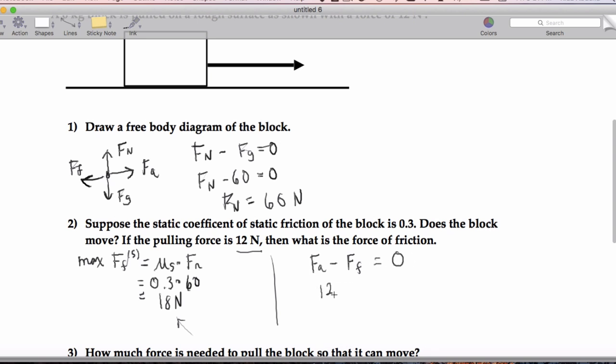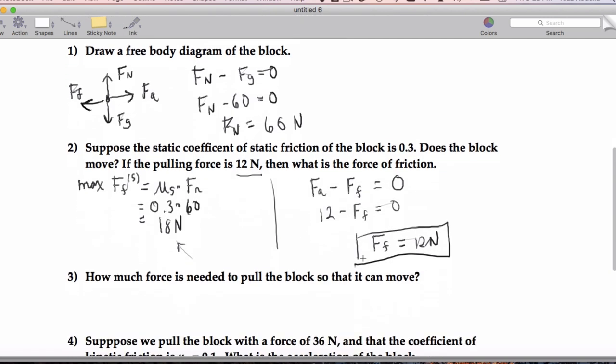So the 12 newtons is balanced by a friction force that in real life ends up being 12 newtons. Once again, 18 is the maximum friction force I'm capable of generating, but I'm not necessarily going to generate it. I'm only going to generate enough to balance the real pushing, or pulling, force. Here's 12. Friction balances that, so we get a 12 newton force.